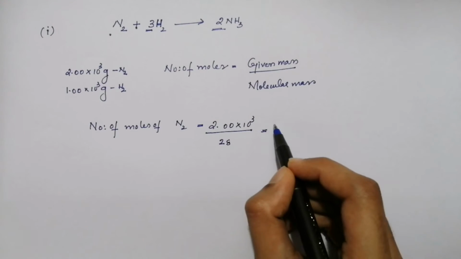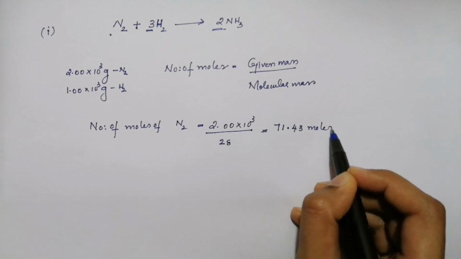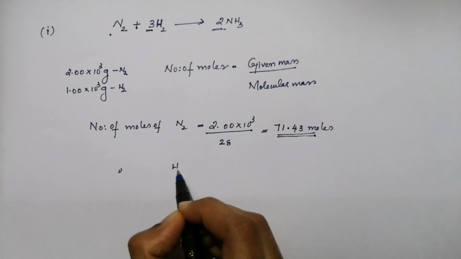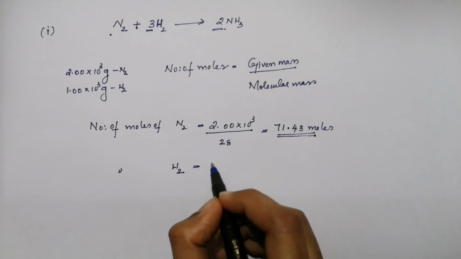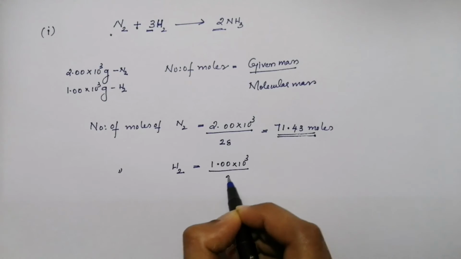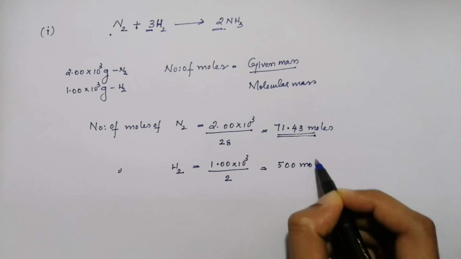Solving this, we get 71.43 moles of dinitrogen. Similarly, we can calculate the number of moles of dihydrogen as 1.00 × 10^3 divided by 2, which gives us 500 moles.